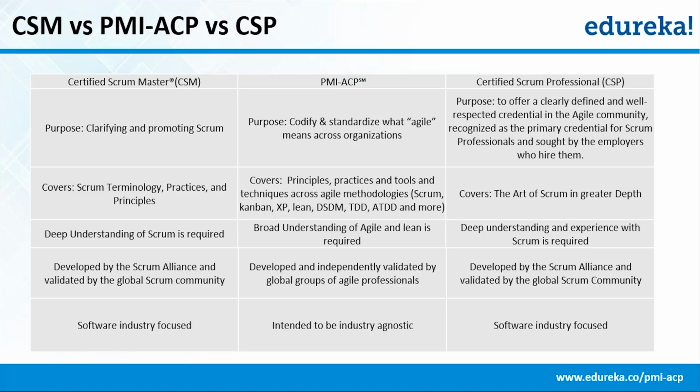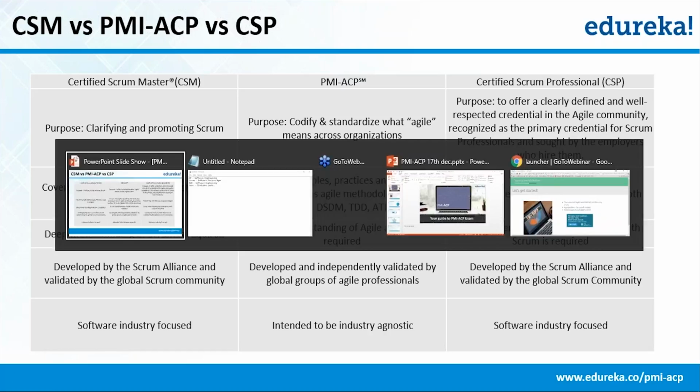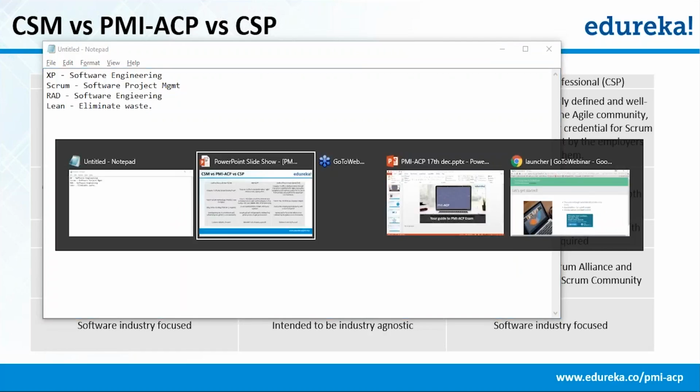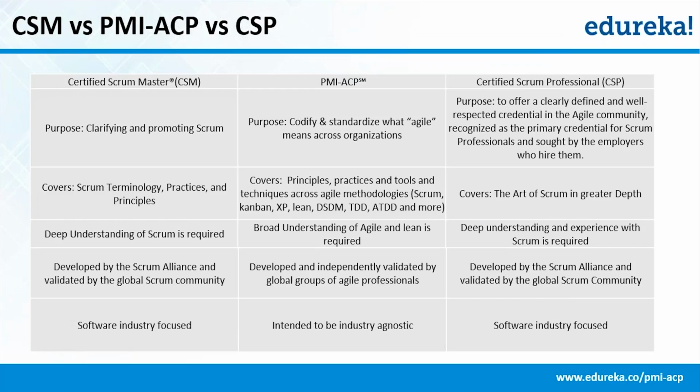But as for ACP, as I listed down here, it covers everything: Scrum, Kanban, XP, Lean, DSDM, TDD, ATDD. TDD and ATDD are mainly to do with XP. So it covers the whole gamut. You get a deep understanding of Scrum once you do CSM, but with PMI-ACP, you get a broad understanding of not only Scrum but also of all Agile methodologies.